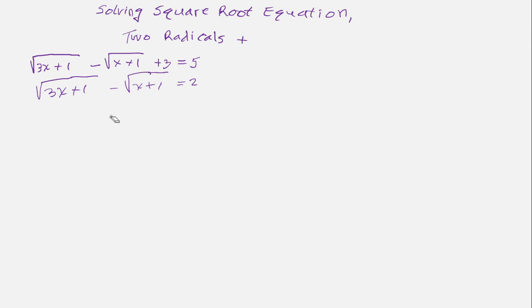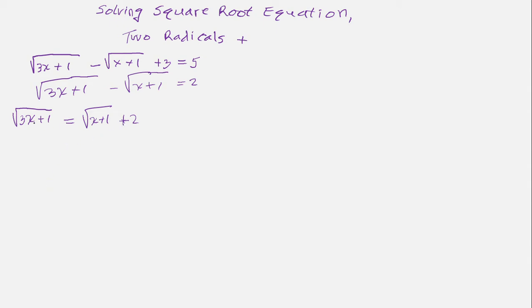So let's move that one over. So if we move it, then we have 3x plus 1 equal to square root of x plus 1 plus 2. Or you could say 2 plus square root of x plus 1, either way.